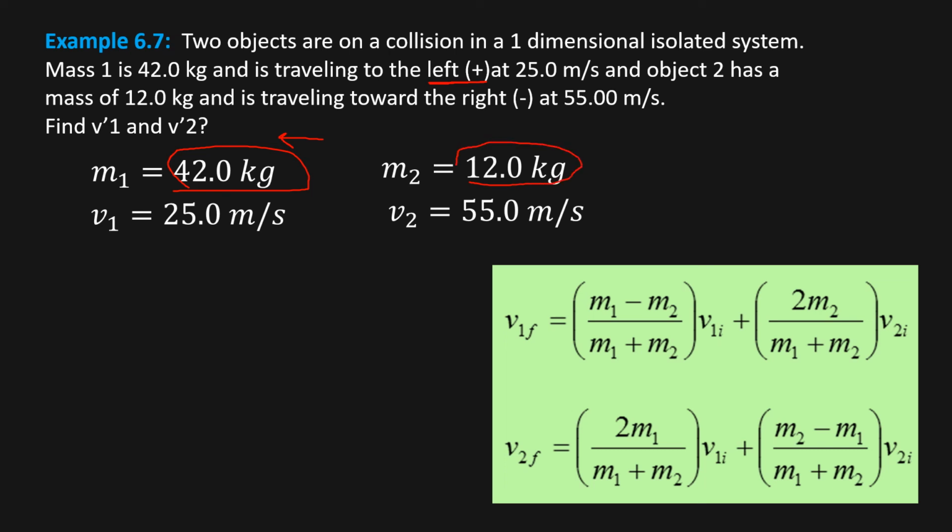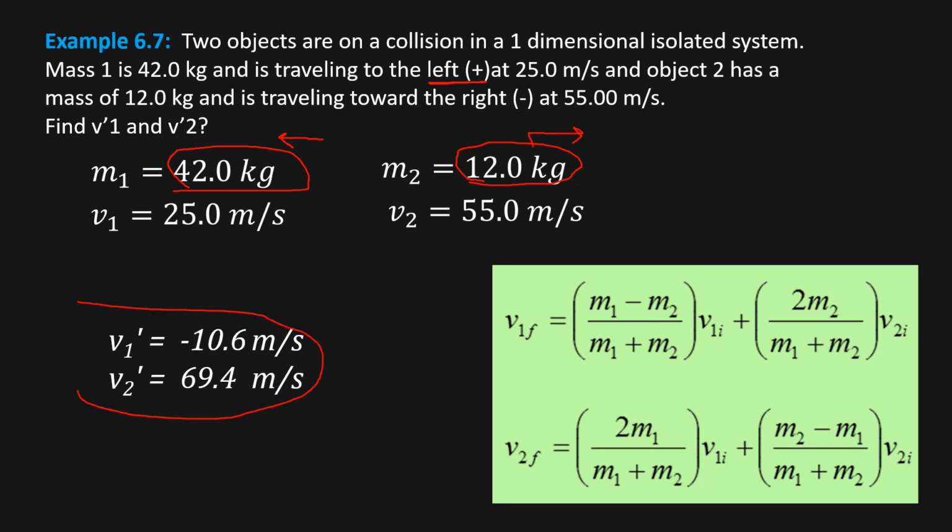Sometimes they will not give you a plus or negative sign. You'll have to decide that by carefully reading the question. Again, we'll use this equation to solve for both variables, and our answers are right here.